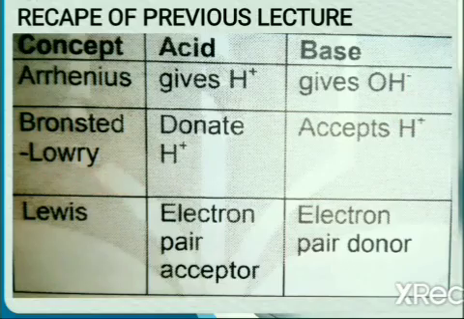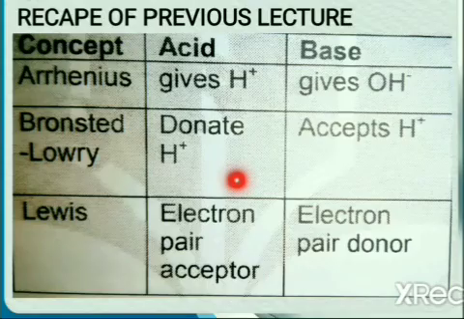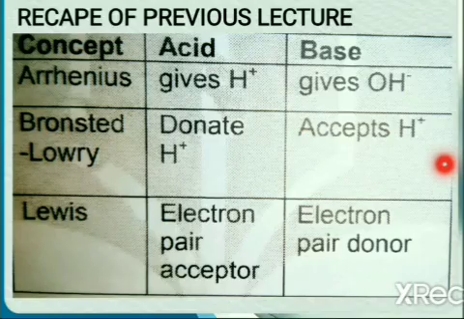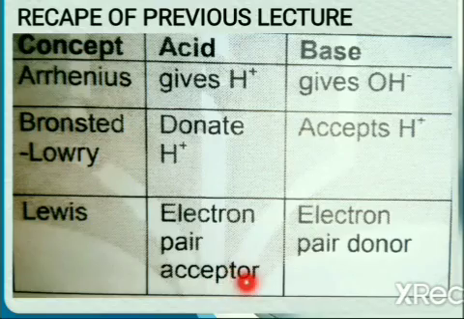Bronsted-Lowry concept: acids donate H ions or proton, while those that accept H ions or protons are bases. Lewis acids are electron pair acceptors, while bases are electron pair donors.